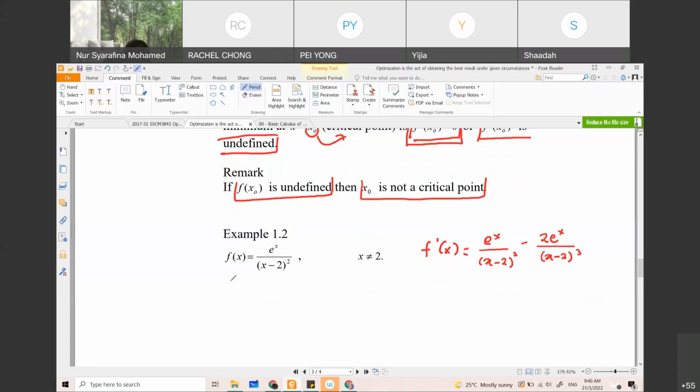And then what you need to do is to find the critical point, where the critical point can be obtained when f prime equals 0.